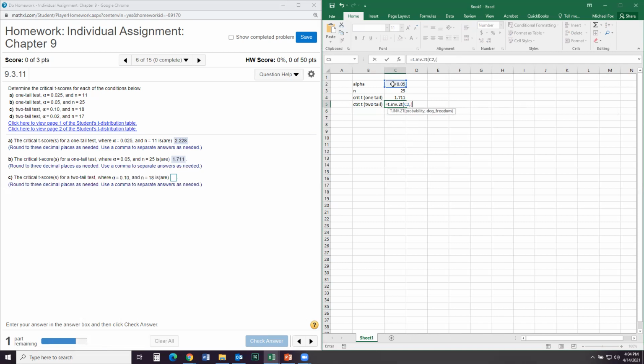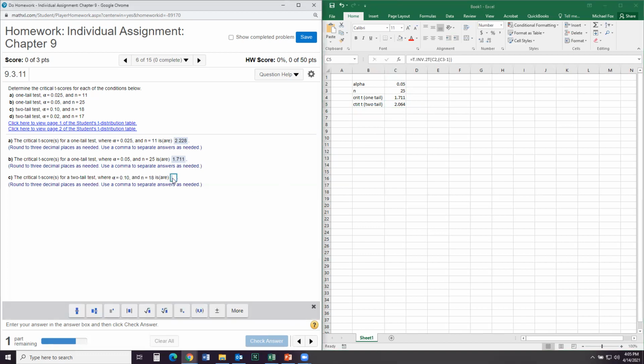For the degrees of freedom, we'll use n minus 1. And this will return the negative side. Or actually, sorry, that one will do the positive side. Actually, what it returns is a number that is positive, but it's plus or minus. Okay, so my answer would be minus 2.064, comma, 2.064.